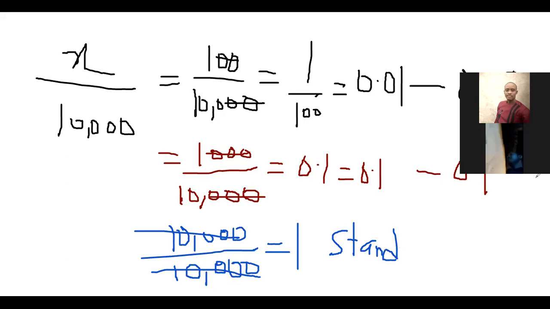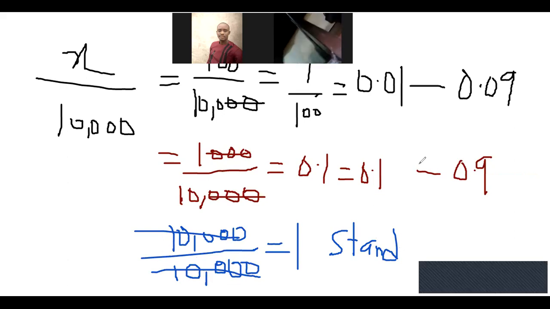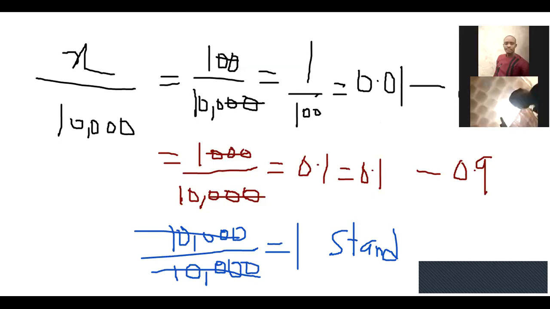The standard lot size is a lot size that ranges from $10,000 upwards. Are you with me? So this is purely a standard lot size. So that is that about lot size. Let's proceed, please.